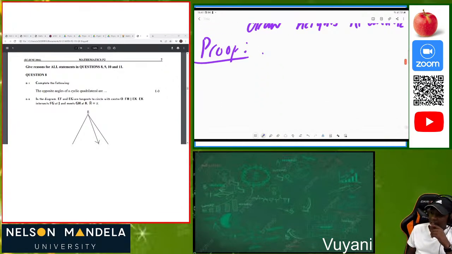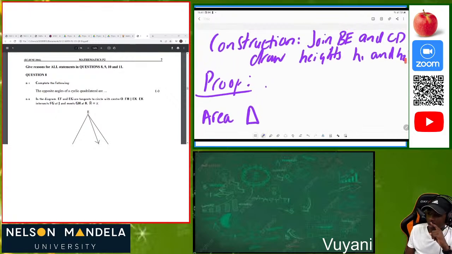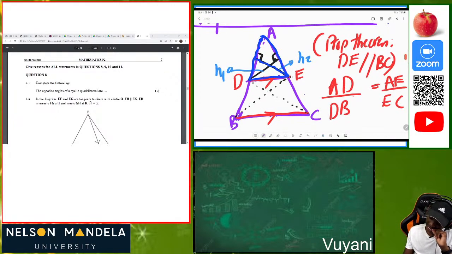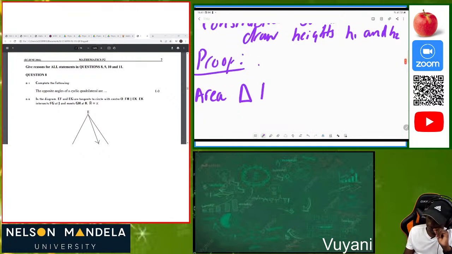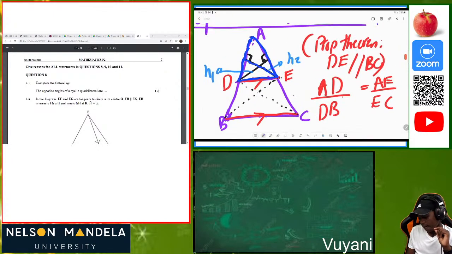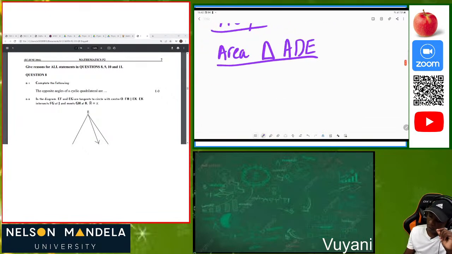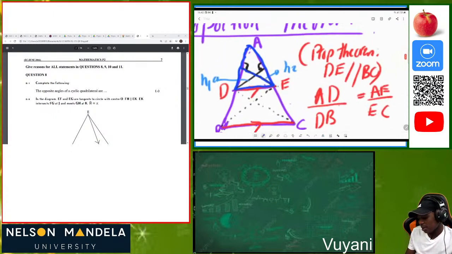The first thing we're going to prove using our areas. We're going to write that the area of triangle ADE over the area of triangle DBE is equal to, what is the area of triangle ADE?